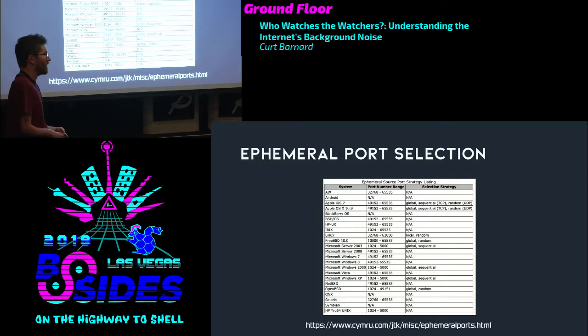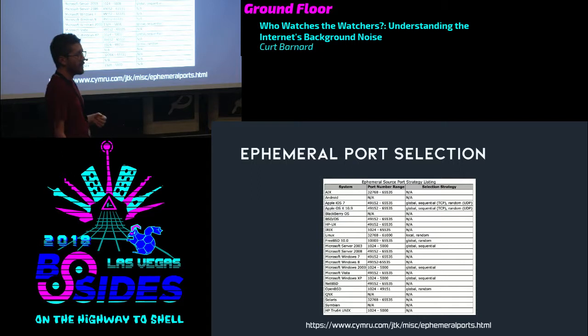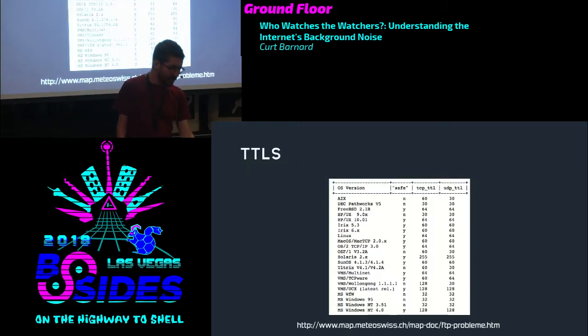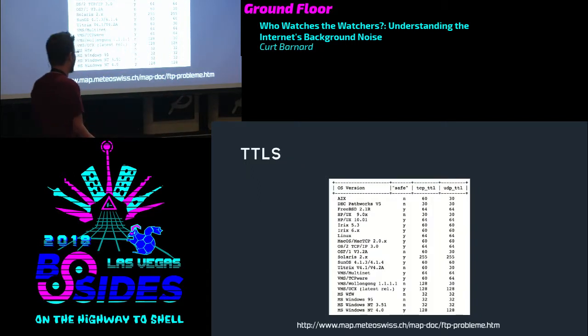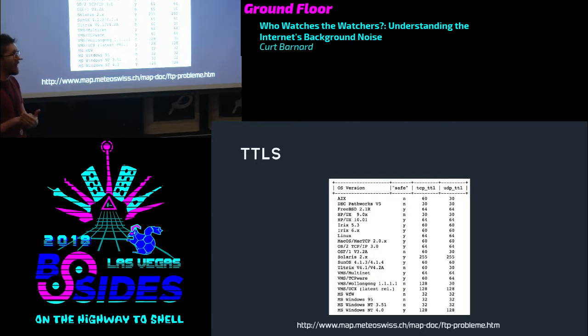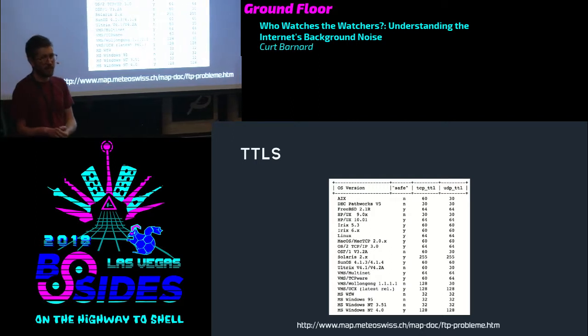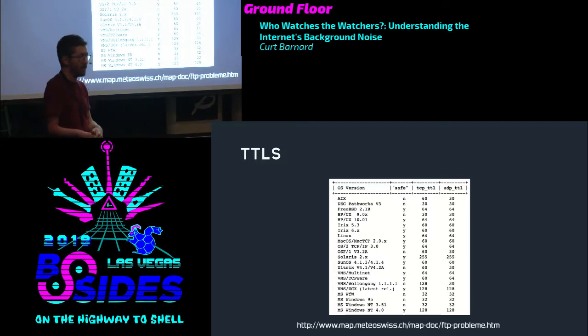Using a number of techniques like this, you can figure out what the operating system is. Another example is TTL, or time to live, which is the field that determines how many hops a packet can take before it gets terminated by the router and doesn't get routed any further.